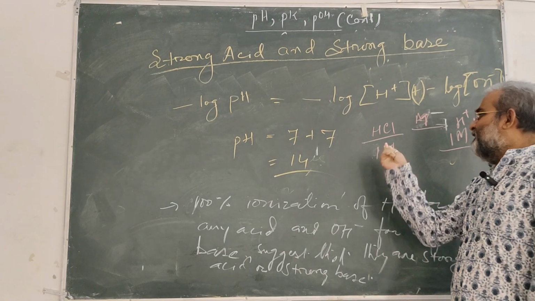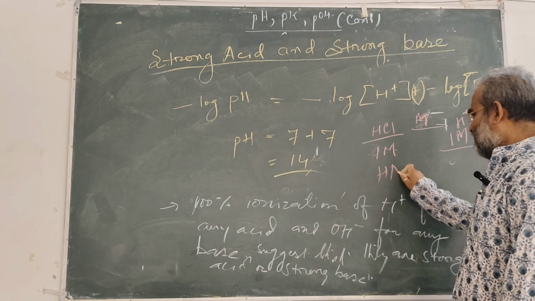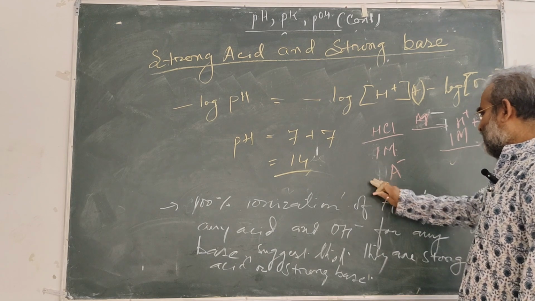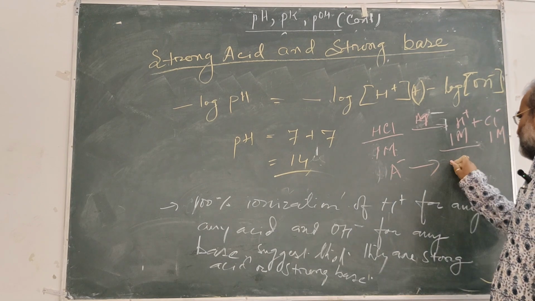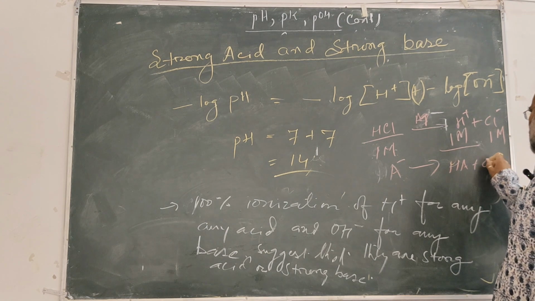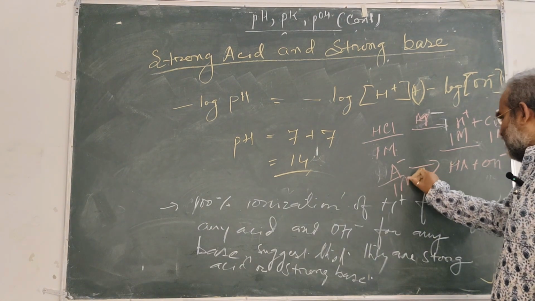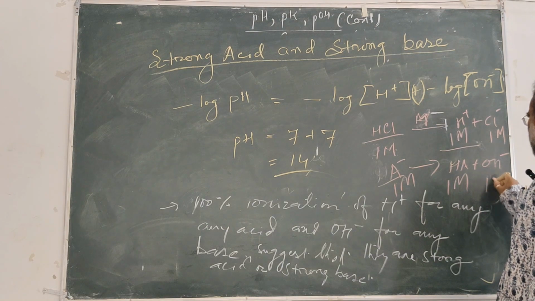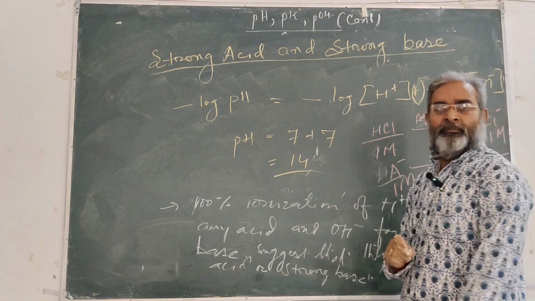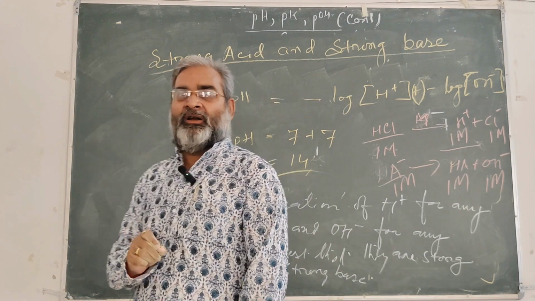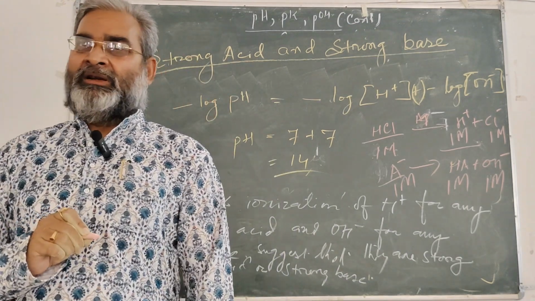Clear? If it is a base, suppose this one, H plus OH minus, and if it is 1 m, this value is 1 m, this value is also 1 m. That means they are a strong acid or a strong base. Clear?